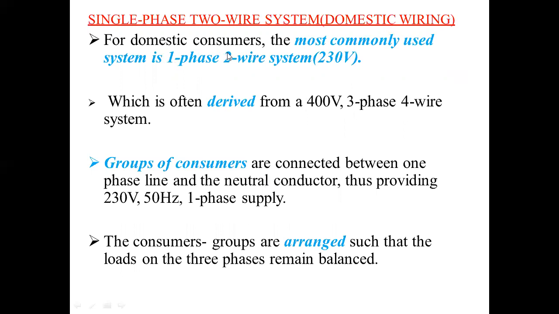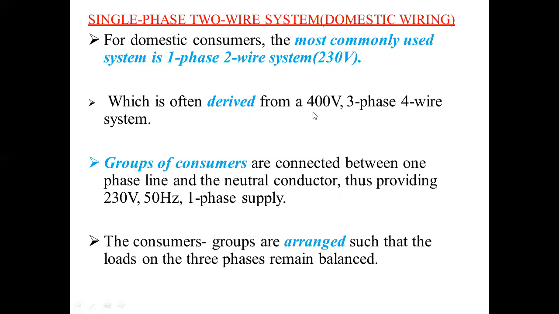For domestic consumers, domestic means for the household. In simple words, remember that domestic means household consumers. The most commonly used system is the single phase 2-wire system. The voltage rating is 230 volt for domestic consumers. How do we get the 230 volt?